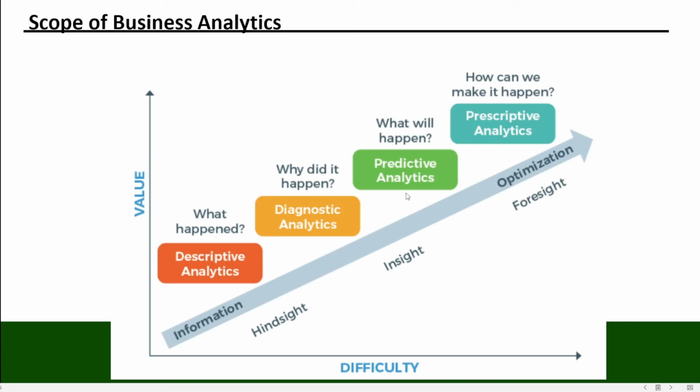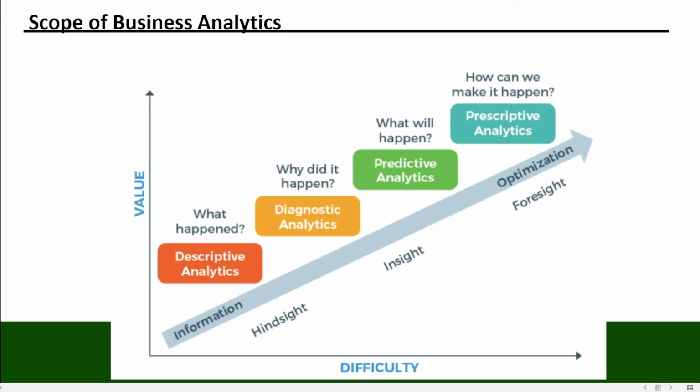Then we have here predictive analytics, anticipates future trends and outcomes by analyzing current and historical data. It answers the question, what will happen? And then lastly, we have here the prescriptive analytics that suggests various courses of action to handle potential future scenarios.